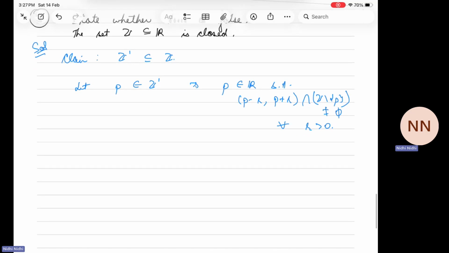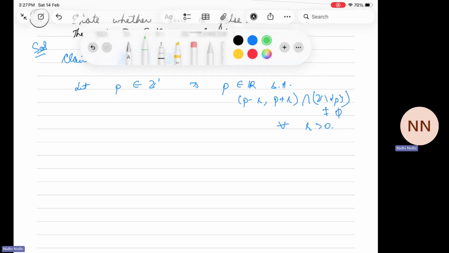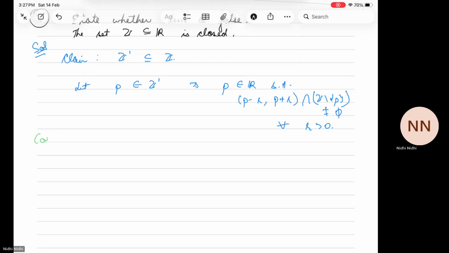Now, since this P is a real number, it can either be an integer or a non-integer. So we'll start with case 1, when this P is an integer.